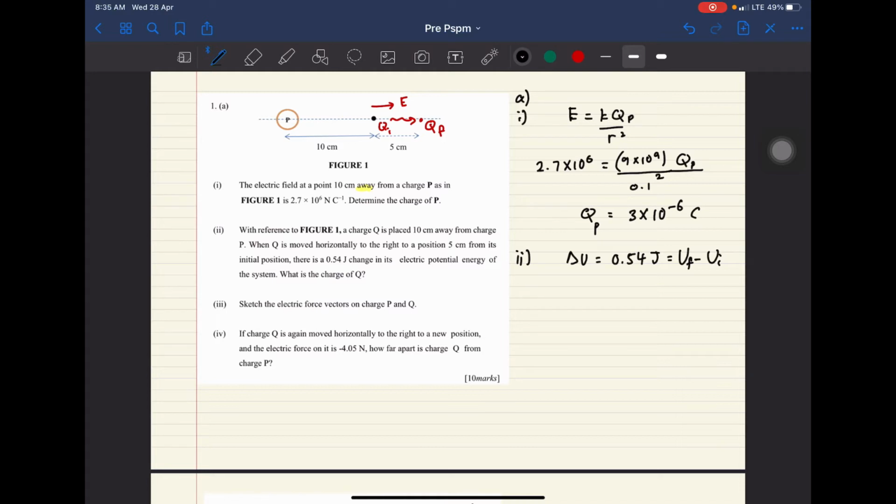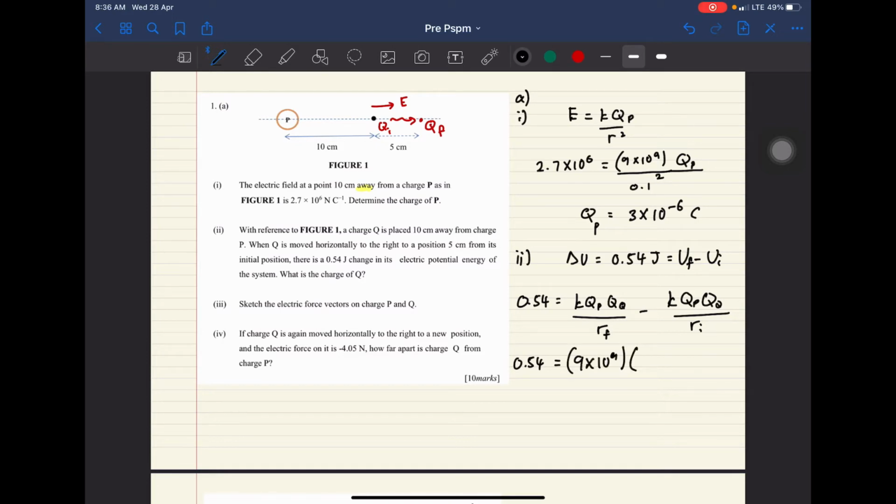So to solve this one, you can use this concept where delta U equals U final minus U initial. So delta U is given, it will be 0.54 equals to U, which is KQQ over R, but the first Q is P, the second Q is Q. So this one is R final minus R initial. Okay, you can take out the K and Q respectively.